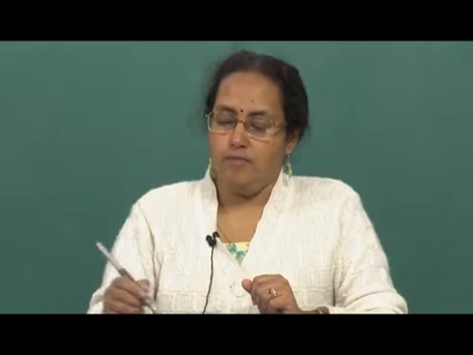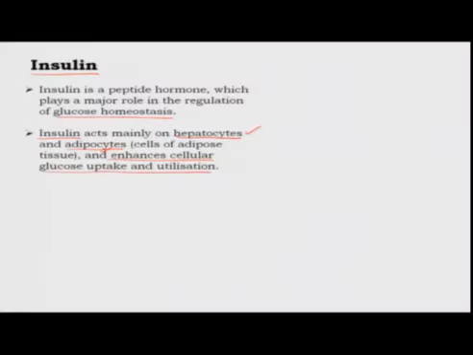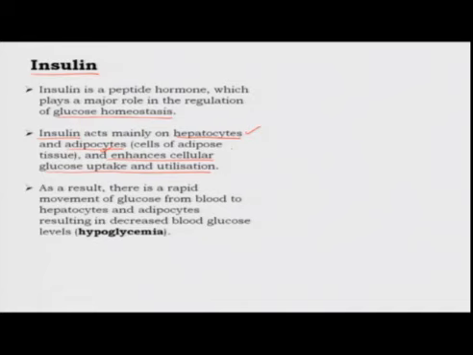It acts on adipocytes, which are fat cells, and hepatocytes, which are liver cells, and it enhances the glucose uptake and utilization by these cells. So, fat cells will use it to convert it into fat and store it for future needs, because that is the purpose of storage of fat, and liver cells will also metabolize it and convert it into glycogen and store it, for when you may need it later.